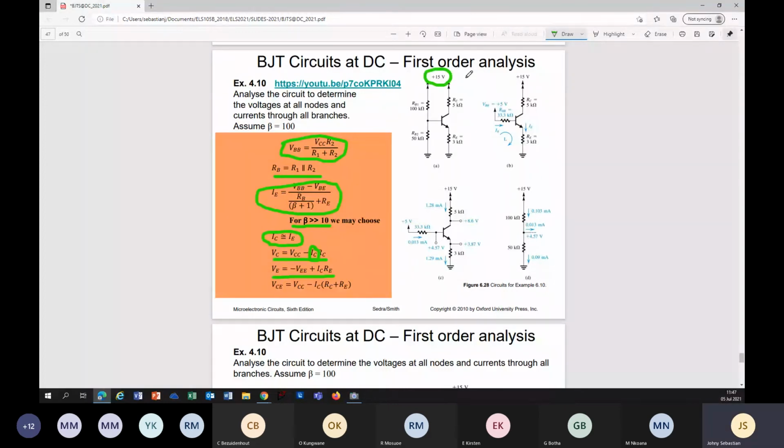And choose the value of beta different, say 150 or maybe 200. And repeat the same problem again and again. If you can do it 10 times, you will get 10 times more insight into the operation of a BJT.